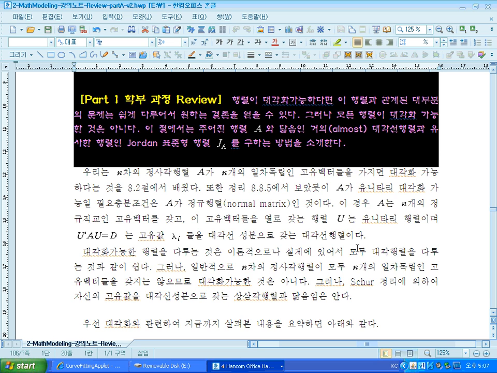If the matrix is a diagonal matrix, then everything goes very easily. But not every matrix is diagonalizable.